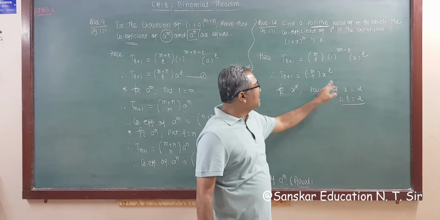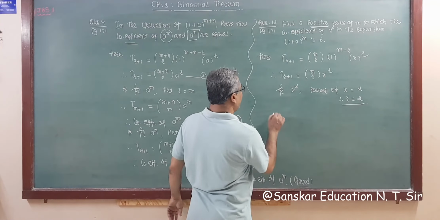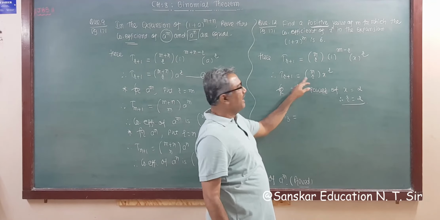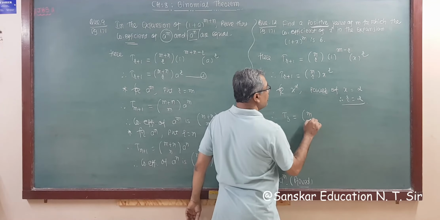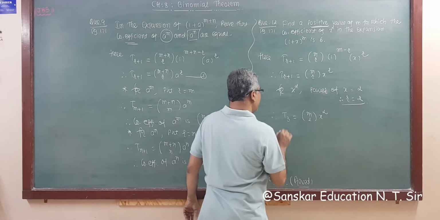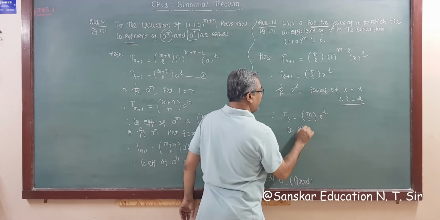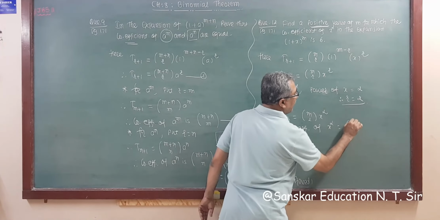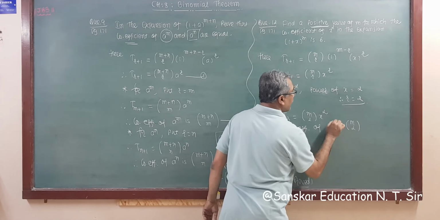So taking r is equal to 2 directly here, what we get? T3, that is 2 plus 1, is equal to mC2 x raised to 2. So the coefficient of x square is equal to mC2, right?